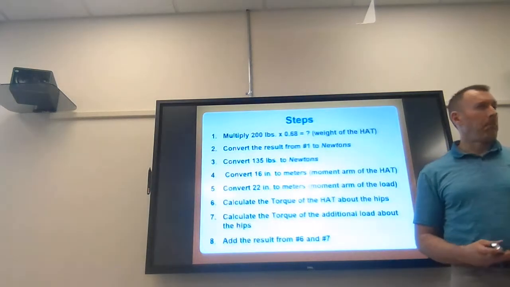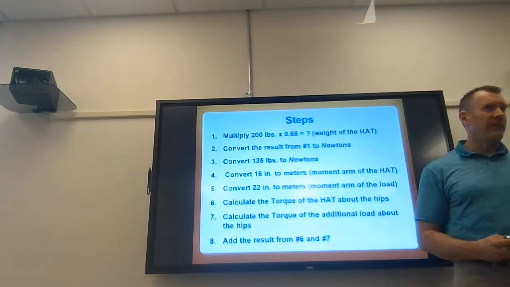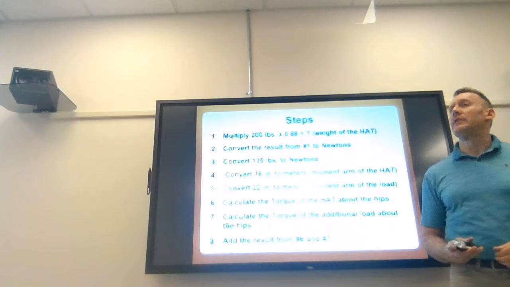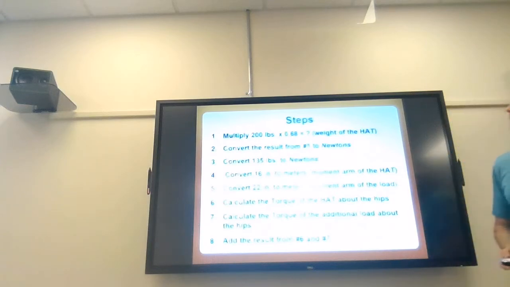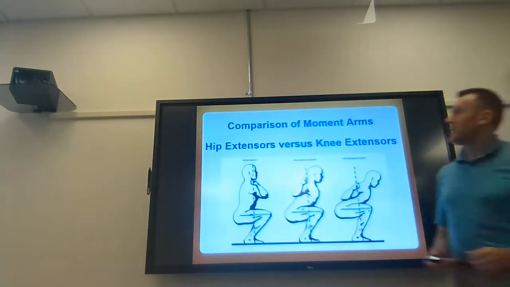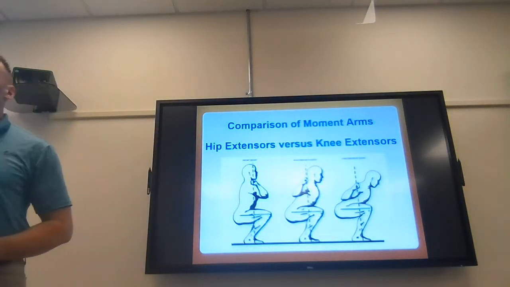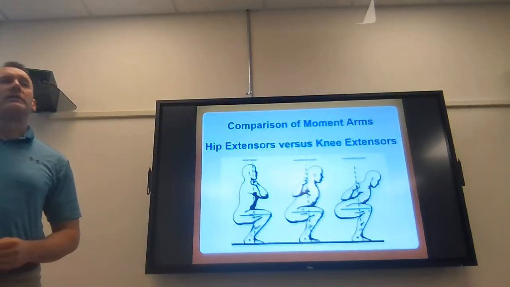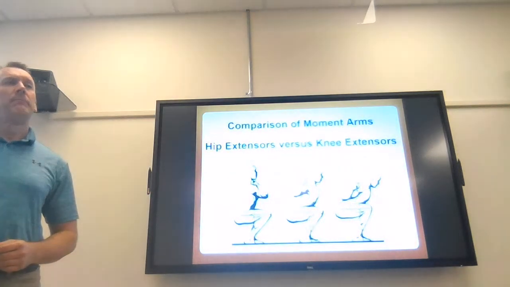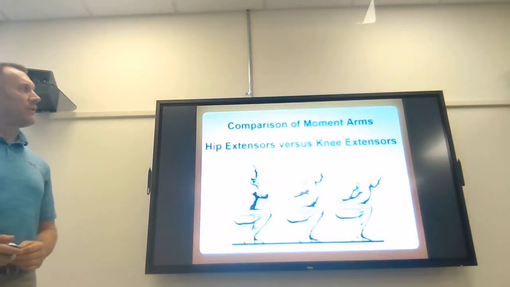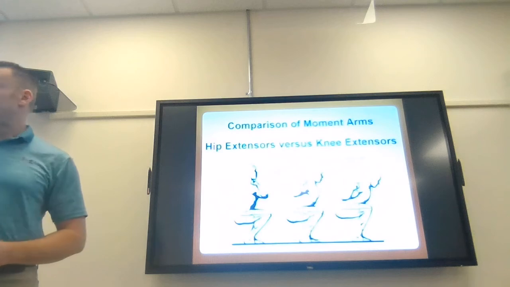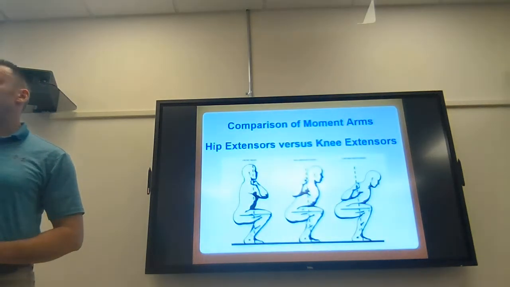Are we ready to go further? Everybody comfortable? Okay, all right. So let's look at resistive torque in a little bit more practical way, with involvement of hip extensors versus knee extensors.